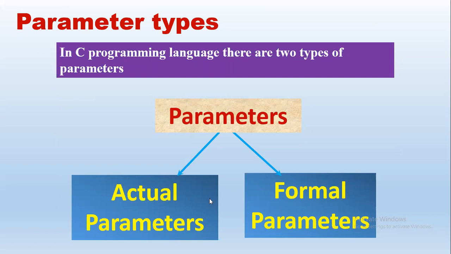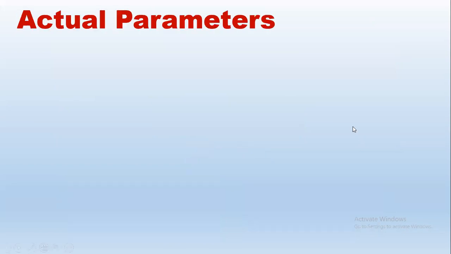Important to note the difference. Okay, actual parameters and formal parameters. So first we have the actual parameters. The function may not always be called in main only, right? We may have an add function, it may call some other function, then add becomes the calling function. Wherever we have a function call, that function is the calling function.